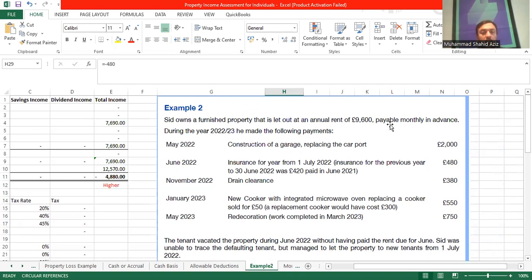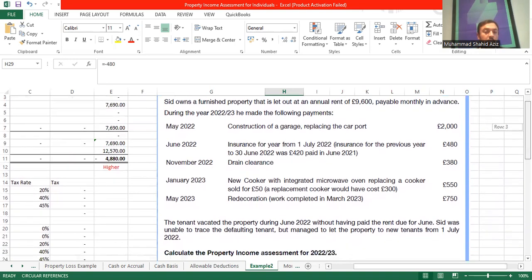Our tax year is from 6th of April to 5th of April. So the 6th of April rent he has received on 1st of April, so we should not include that rent. So our year will be 11 months, not 12 months.